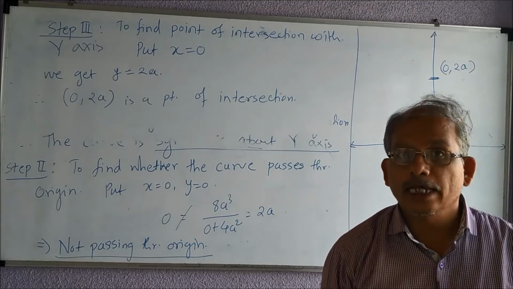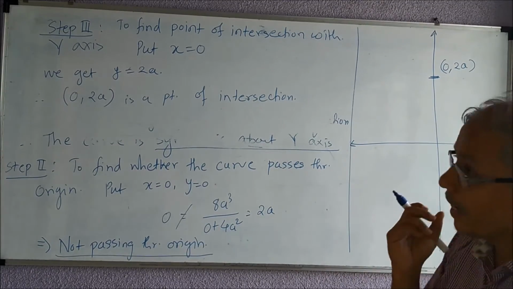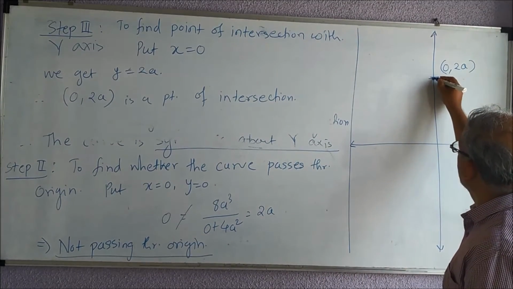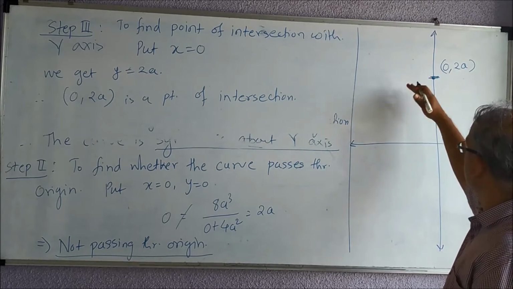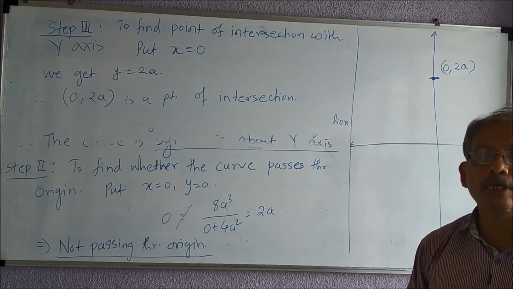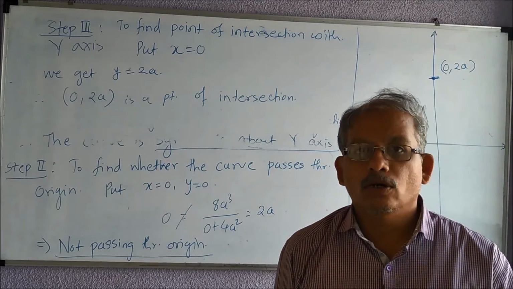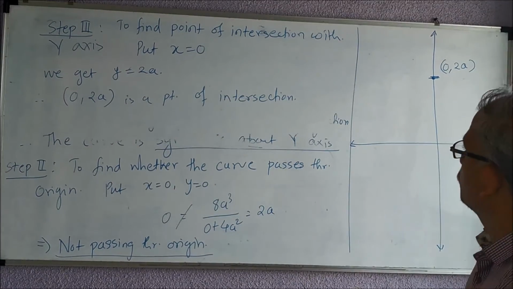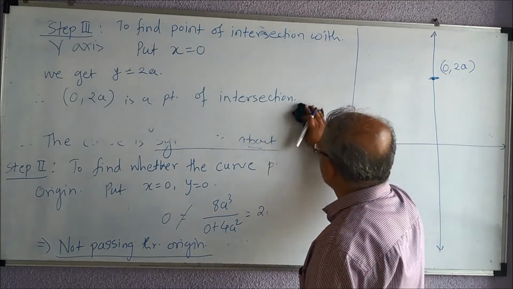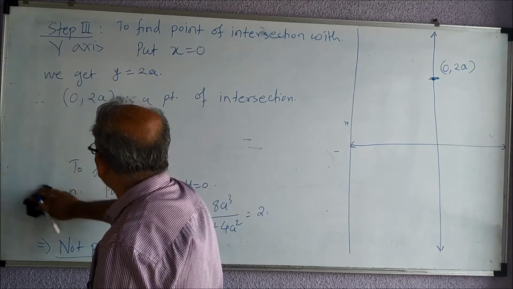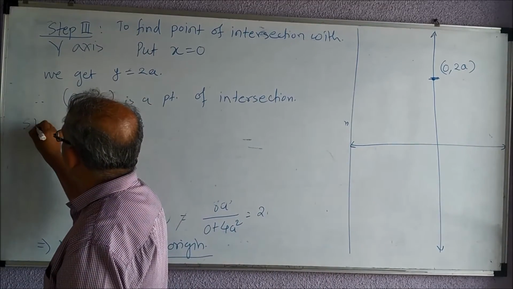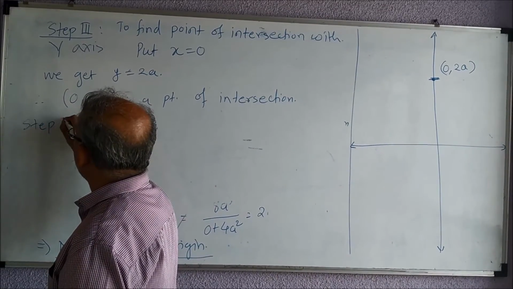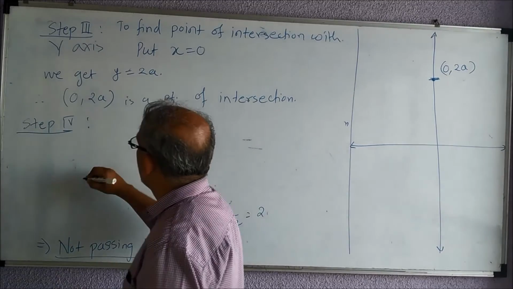Now see that at this point (0, 2a), the curve exists. It is something like this, but the curve exists at (0, 2a). Now let us obtain the nature of the tangent at this point. So my next step will be step 4. See how we are developing our analysis.